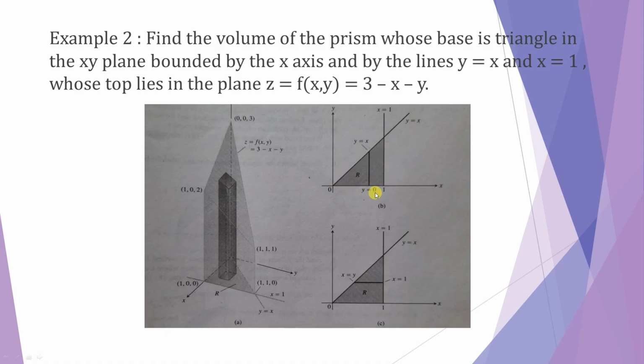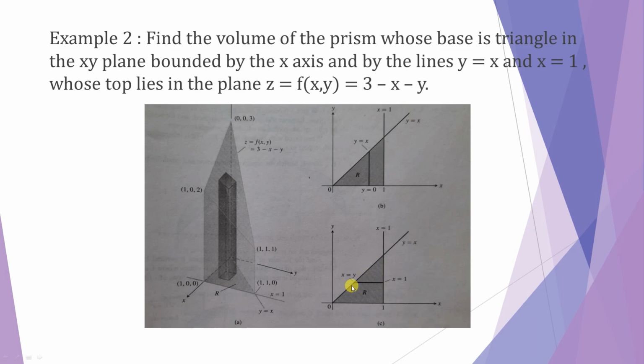To find the limits for x, we look for the minimum and maximum values of x in this region. Clearly the minimum value of x is 0 and the maximum value is 1. Or you can interchange the order of integration.